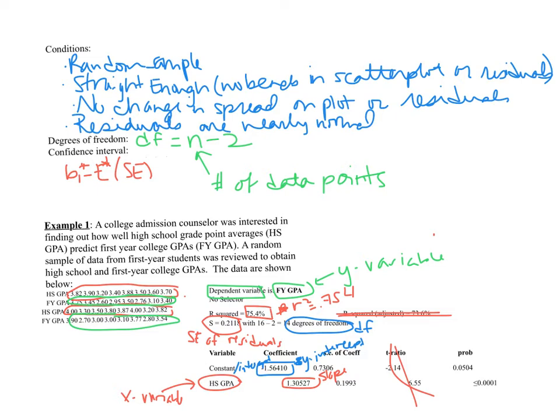If you look at the hypotheses on the previous page, we are working with slopes. This probability right here, where it says prob, is going to be our p-value. Make sure you choose the one with the slope, because our test is going to be on the slope of the line. So please try not to choose the wrong one. The other probability we're not going to worry about right now.